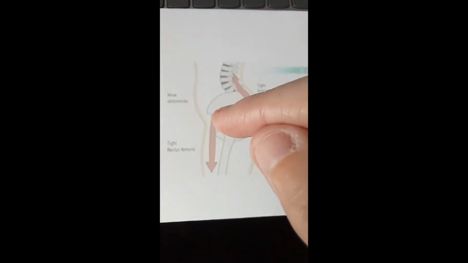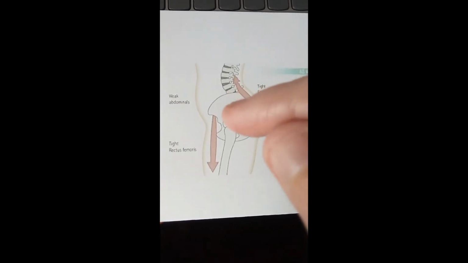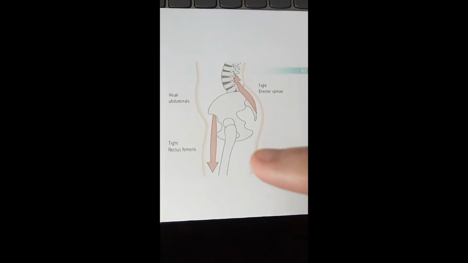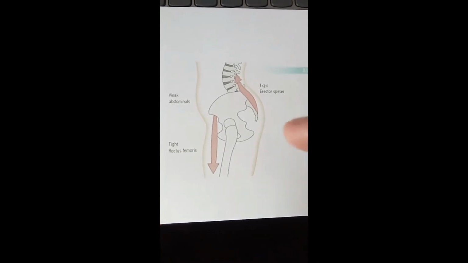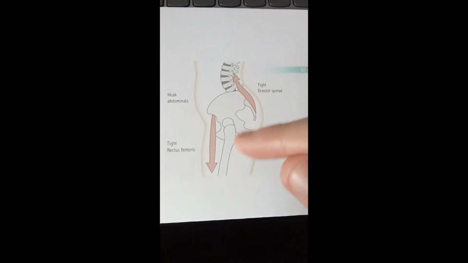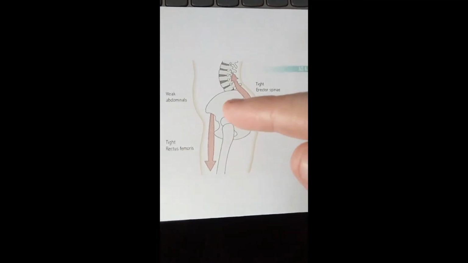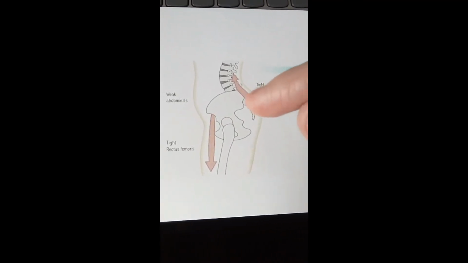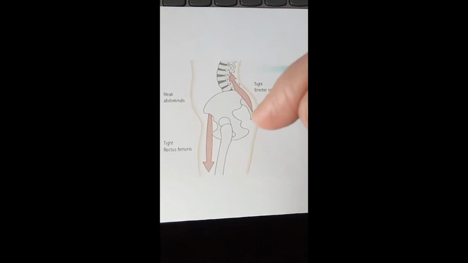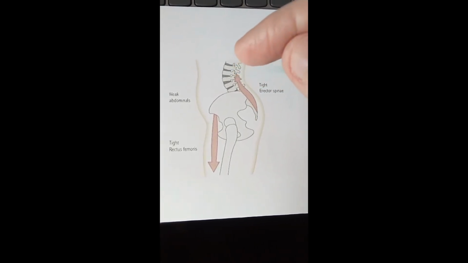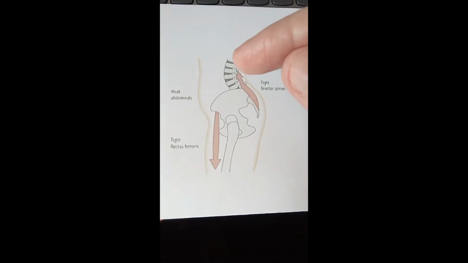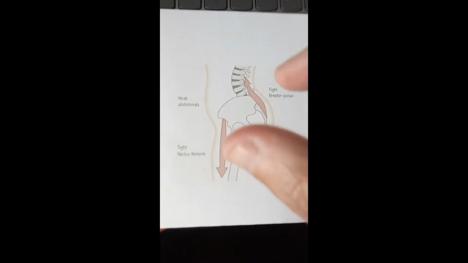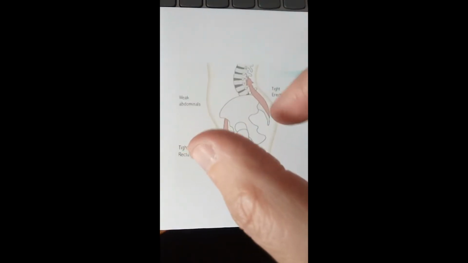So you then end up with these quad muscles at the front of the thigh which will pull the front of the pelvis down because they attach at the front there. And the back muscles become tight, which pull the pelvic bone up at the back. And that's what causes the pelvic bone to tilt.